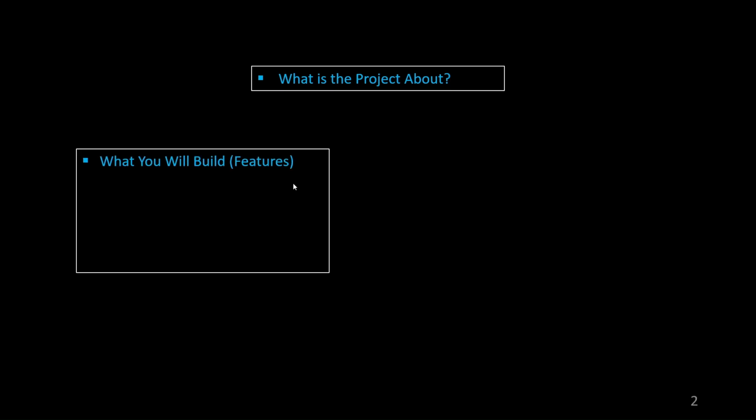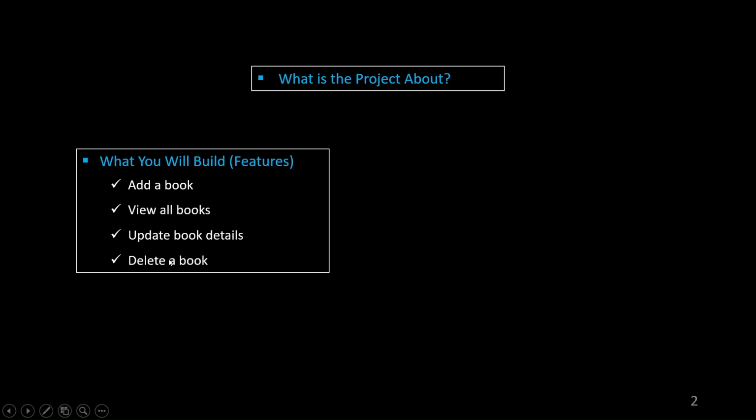Also, what features will you build? We will build the features of add book, view all books, update book and details about the book. Also, we will perform delete book.